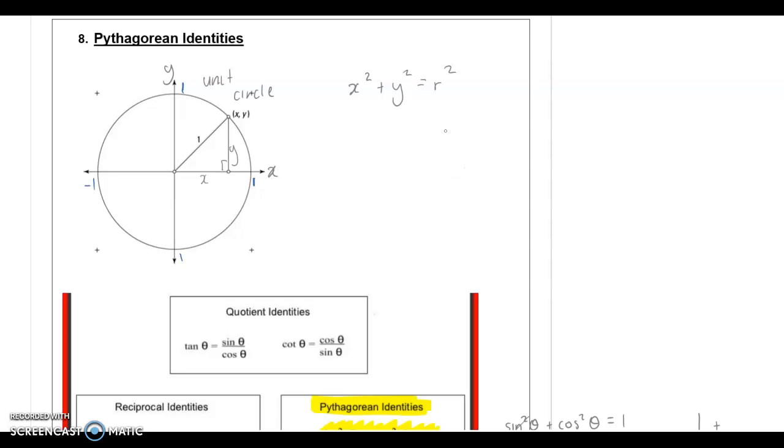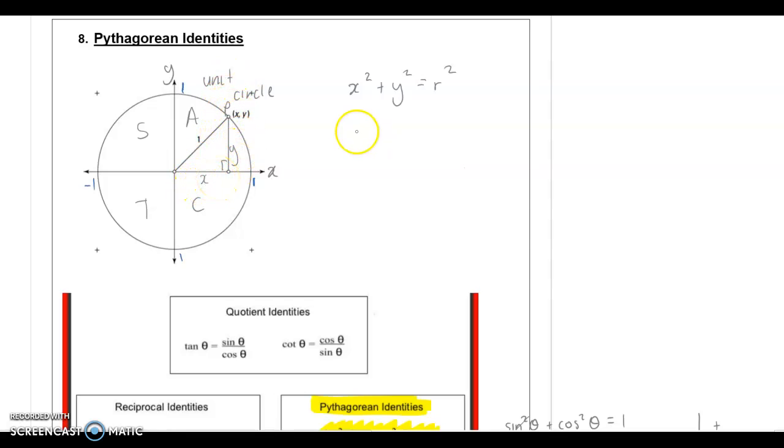So where these rules generally come from is the unit circle that we're all used to looking at with our trig ratios. It's all based on the formula for the unit circle, which is x squared plus y squared equals r squared. That's your general formula for a circle, which you should have seen last year. It's also based on our right angle triangle that sits within that circle for any point P in our quadrant.